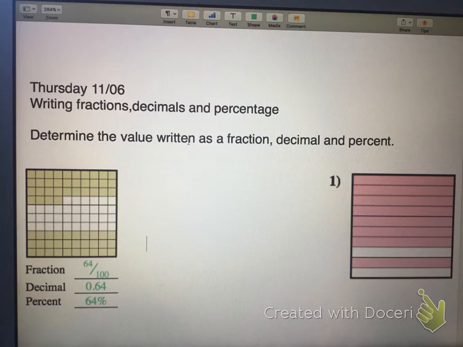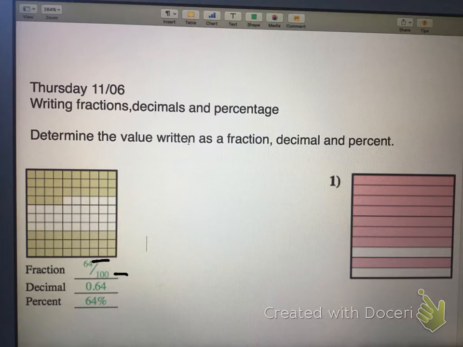What does that mean? Let's break it down again. Our numerator, which is the 64, is how many pieces are shaded, and the 100 is telling us how many blocks there are in total. You can do a count, you can check it out for yourself. There are 100 blocks.